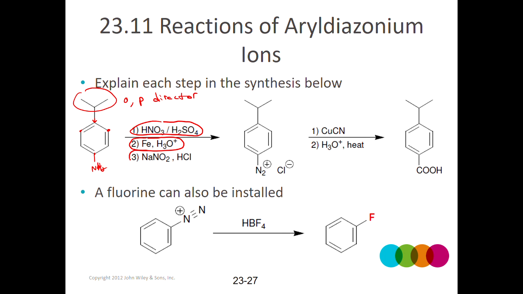And then the HONO and HCl, or sodium nitrite, would convert that into this super good leaving group. And then if I add a cyanonucleophile, that would be replaced initially with a CN. And then if you recall, one of the reactions the cyano group can undergo is a hydrolysis with H3O plus, water and heat. And that would convert the cyano group into a carboxylic acid.